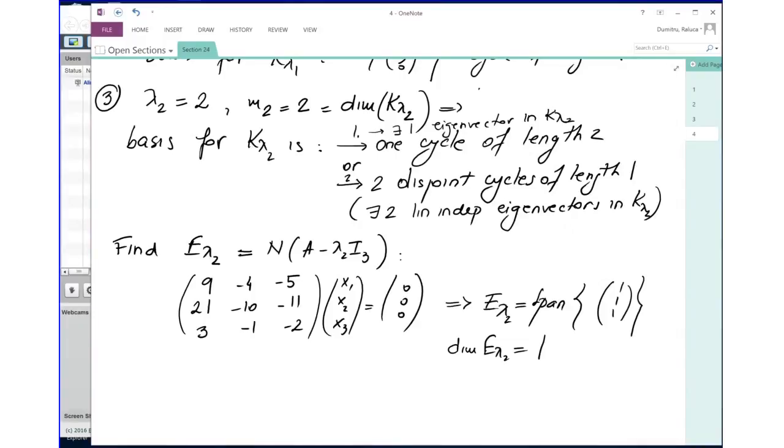If we were to connect to chapter 5 now, because diagonalizable would mean the dimension of E lambda 2 must be 2. Okay, but because the dimension is 1, that means there is no way you'll be able to find 2 linearly independent eigenvectors corresponding to lambda 2. There is just at most 1, because if there were 2 of them, you could expand that to a basis, and it doesn't make sense.